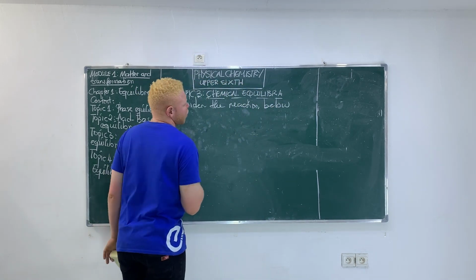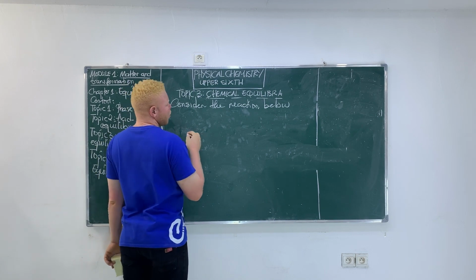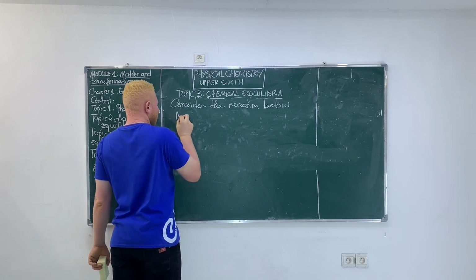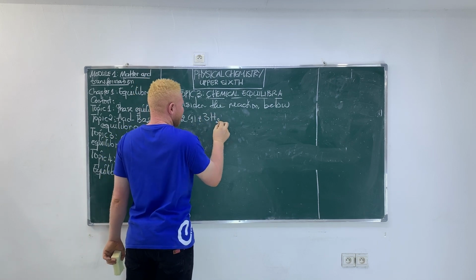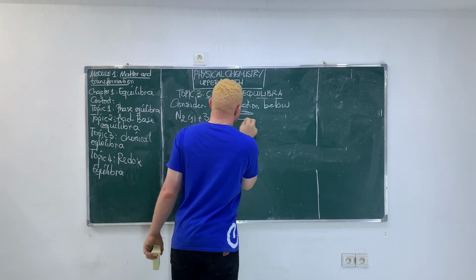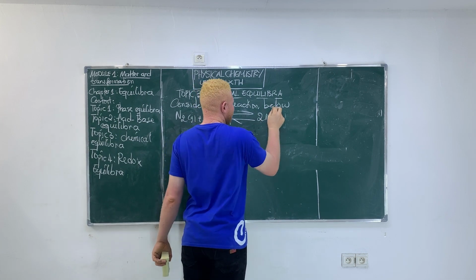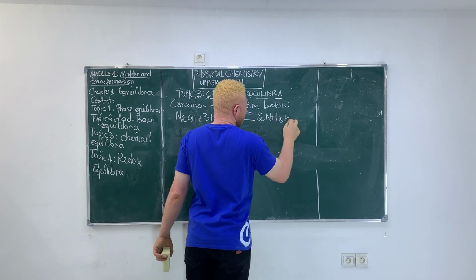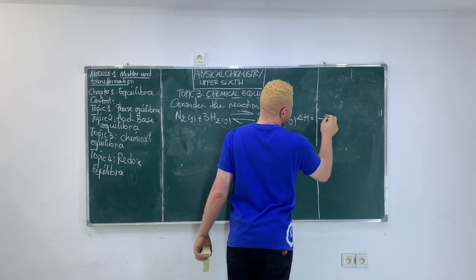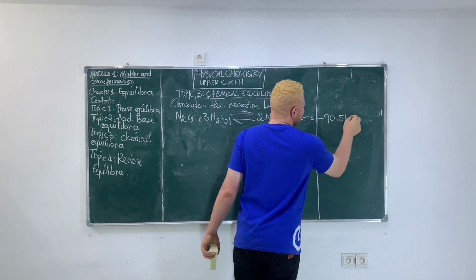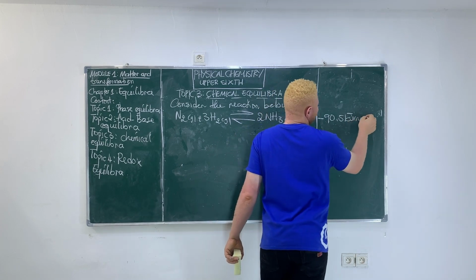We have N2 gas plus 3H2 gas, the reversible reaction giving 2NH3 gas. Delta H equals minus 90.5 kilojoule per mole.